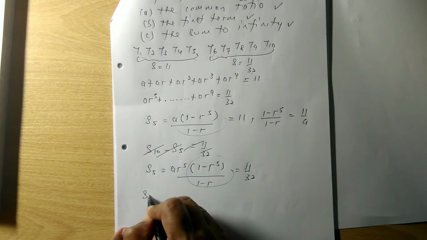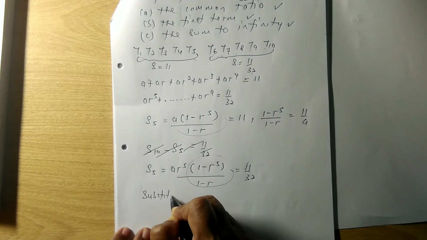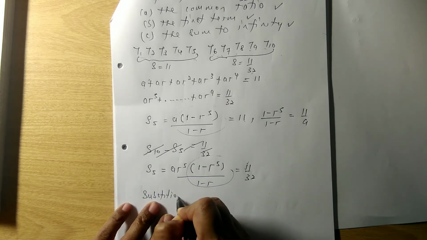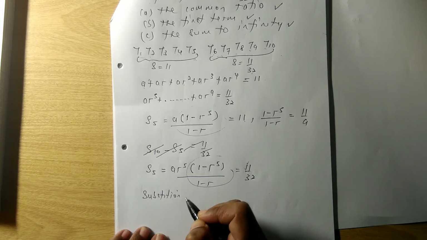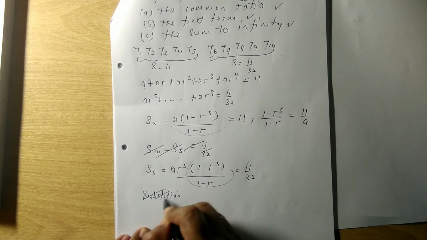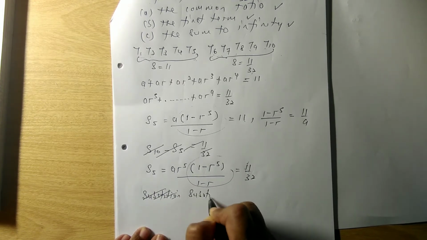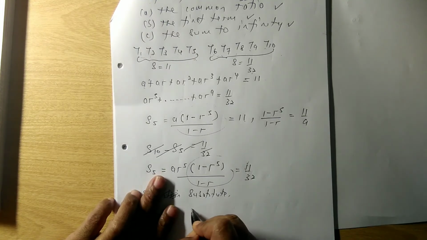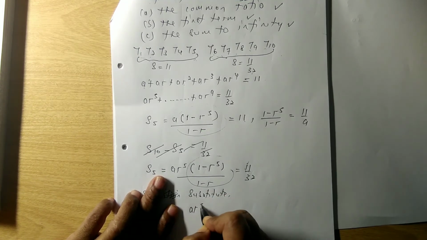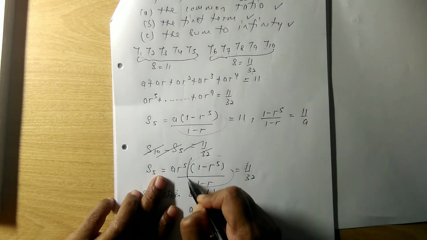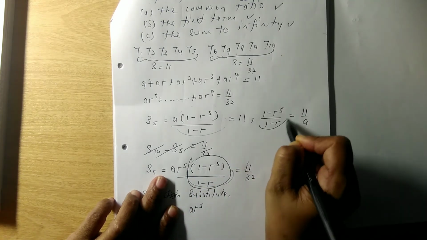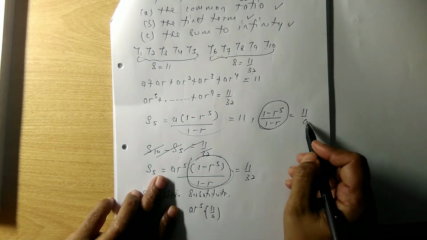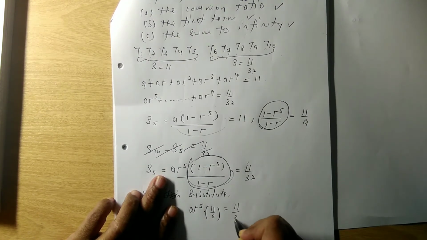Okay, so when I do my substitution, I'm going to substitute inside here. So this one becomes A R to the power 5. Now this whole thing is actually this, which is actually 11 over A. Okay, this becomes 11 over 32.